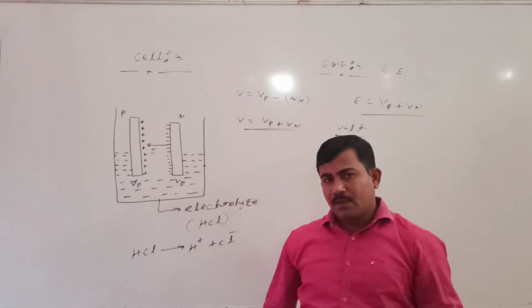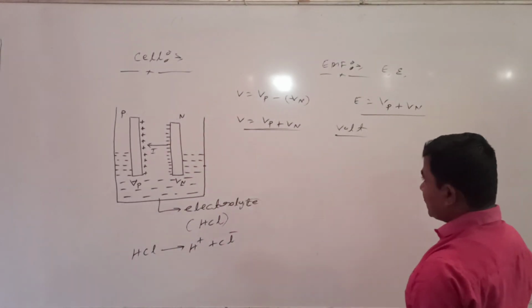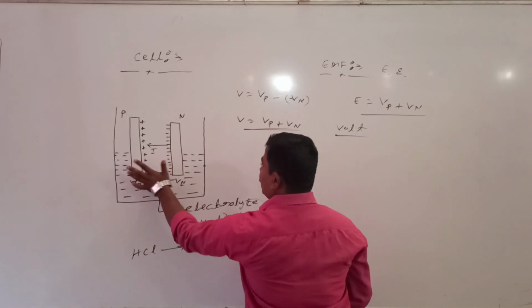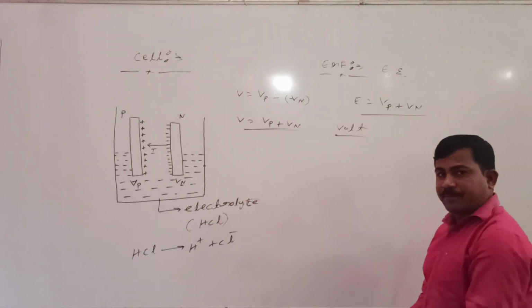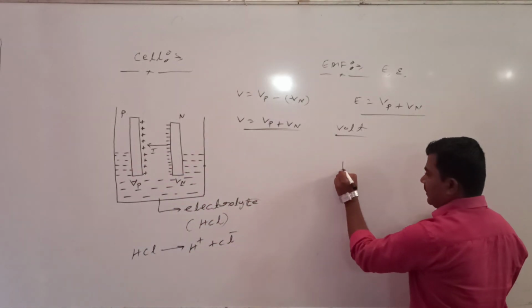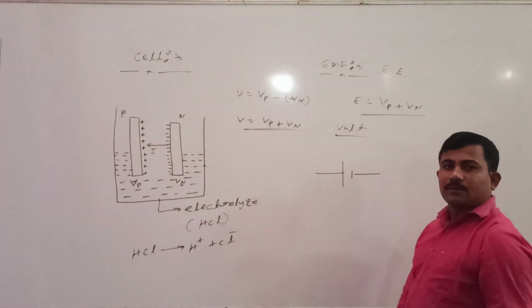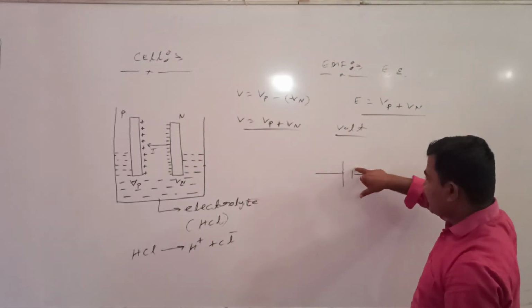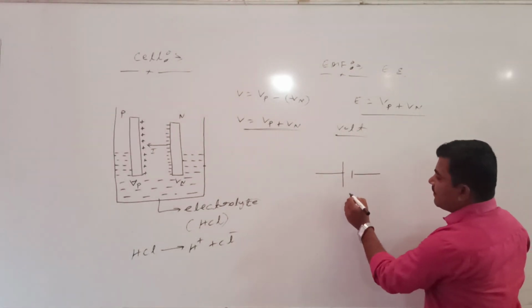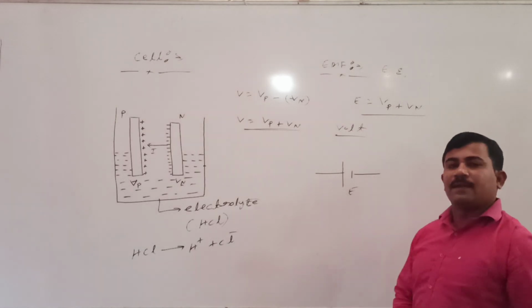Let us see. In general, how do we represent the cell? The cell consists of a positive electrode and a negative electrode. See here, this is the cell. This we are calling P, this we are calling N. In between the two electrodes, EMF is developed. This is the EMF of the cell.